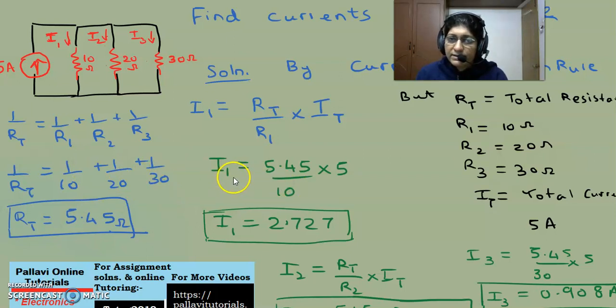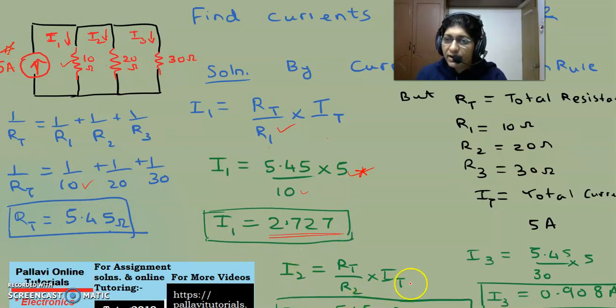Now the equivalent resistance has turned out to be 5.45. I1 is equal to 5.45 upon R1. What is R1 in this case? We are finding this resistance, this is R1, which is 10, and 5 is the total current. Now I1 is equal to 2.727.